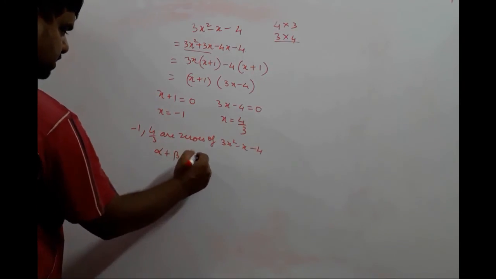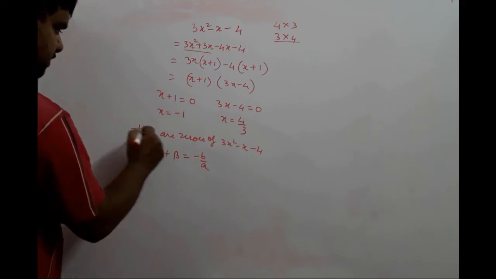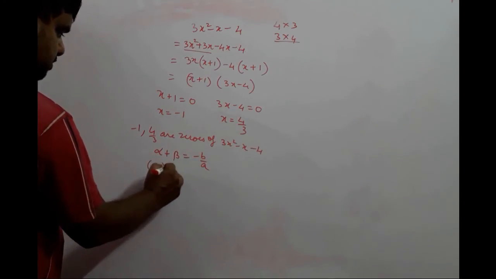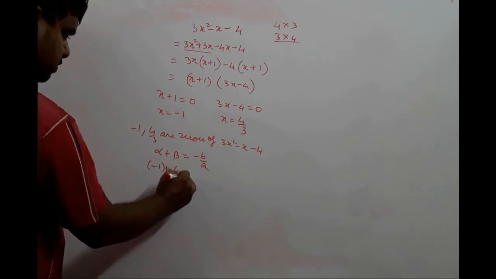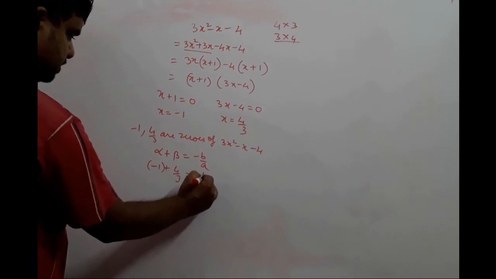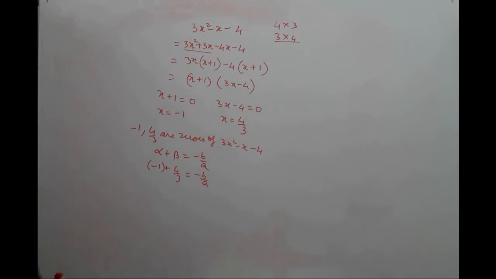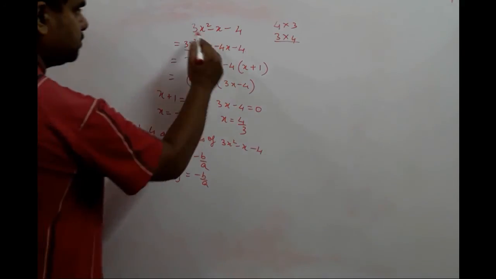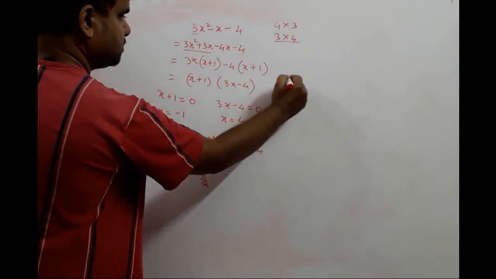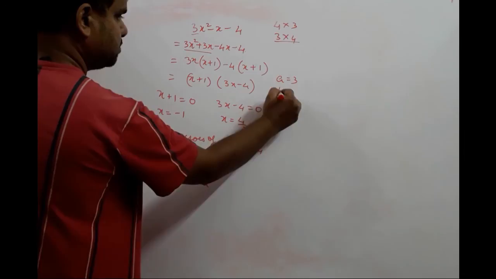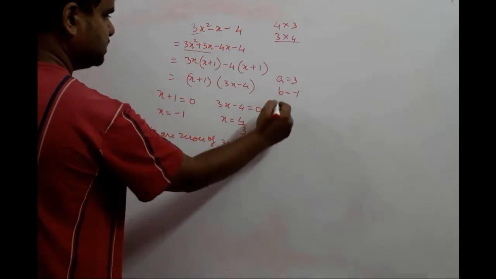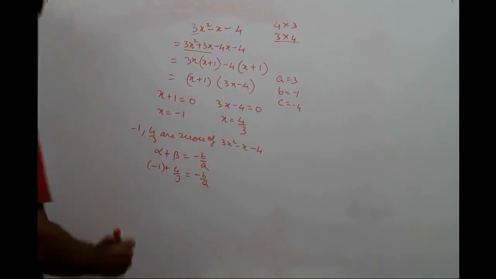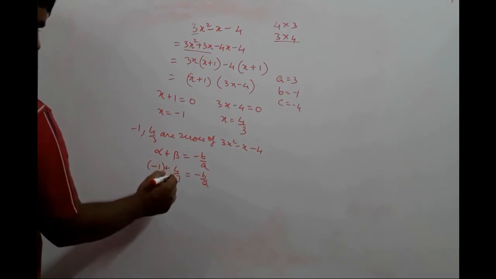Alpha plus beta equal to minus b upon a. Alpha is minus 1 plus beta is 4 upon 3, equal to minus b upon a. Okay, now what is a over here? 3. B is minus 1. C is minus 4. So let's establish. Here we have to take out LCM.